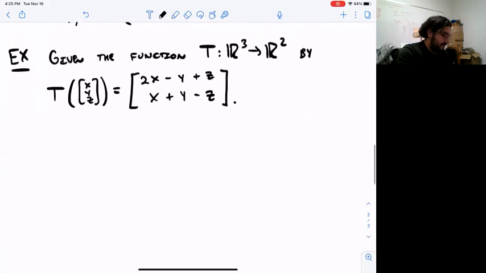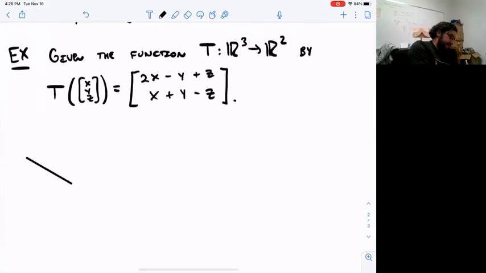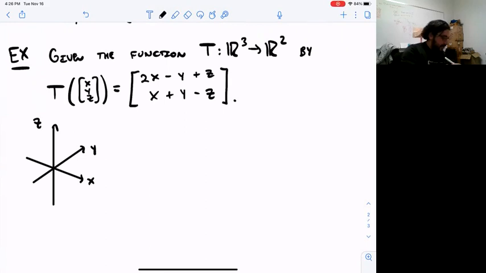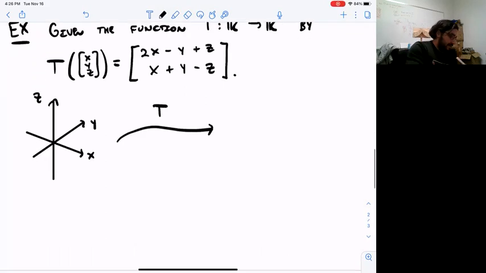Right. So you can imagine this. Let's imagine this just in a particular example. It's a little bit hard to picture, to be honest, this map. So let's start with just some random point, just to see where one point goes here when we apply the map T. So I'm going to pick the point 1, 2, 1 as my input.